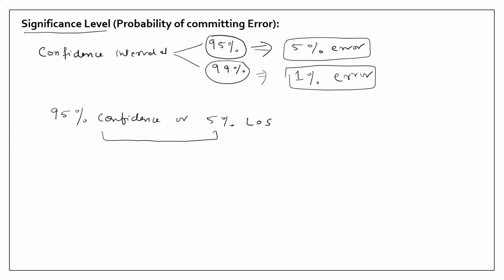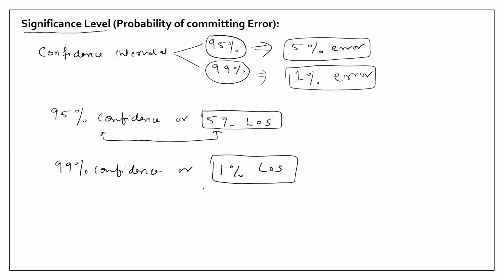Both have the same meaning. But why am I saying 5% level of significance? Because it is the probability of committing an error. Similarly, if I say 99% confidence or 1% level of significance, it has the same implication, but we call this level of significance because this is a chance of committing error.